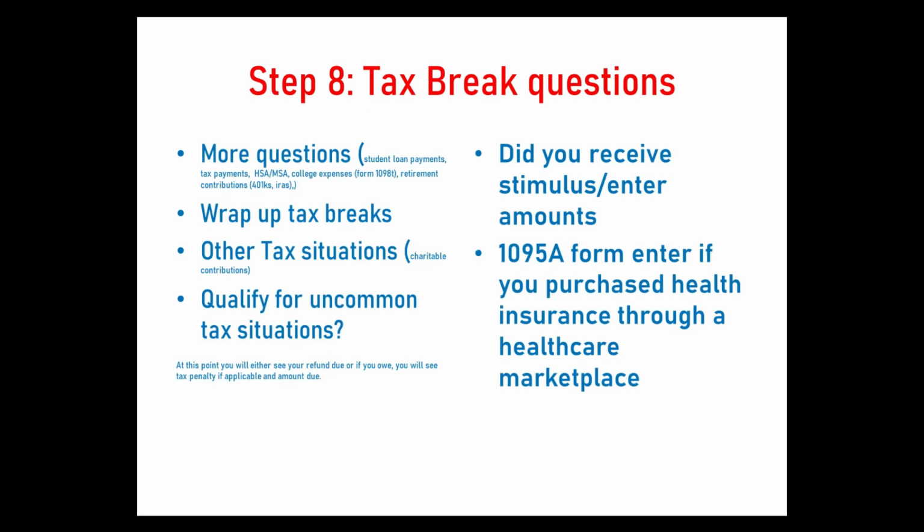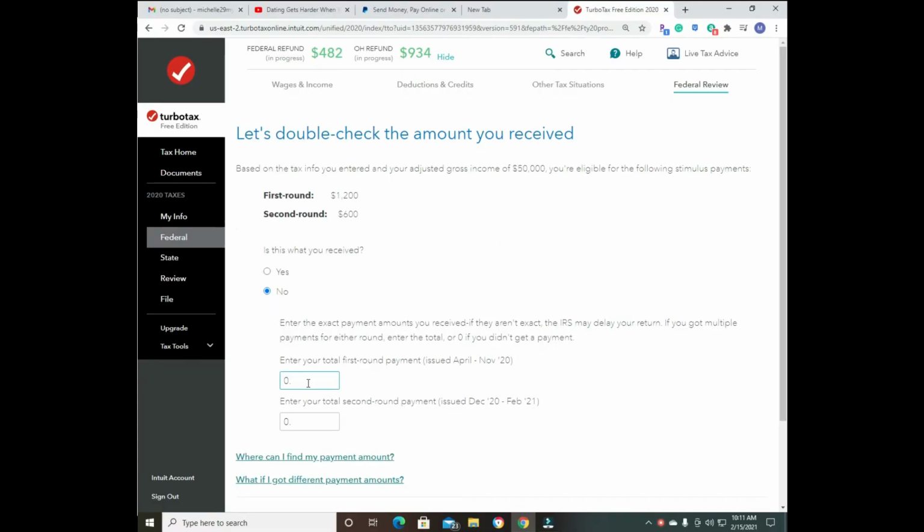So I was certain to make sure that I entered correctly which amount they received during which round, and that I put a 0 where they didn't receive the amount. For example, I knew someone who did not receive it the first time, but they received it the second time. So in the first option, I put 0. But in the second option, I put the actual amount they received. That's all you have to do. TurboTax will figure the rest out.